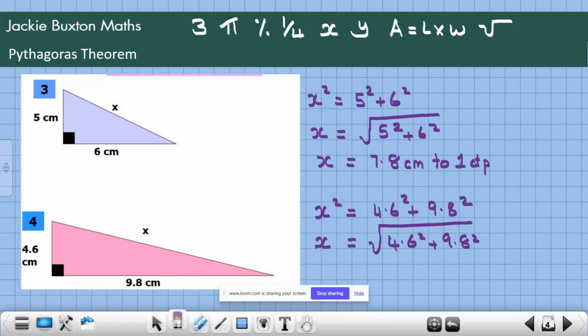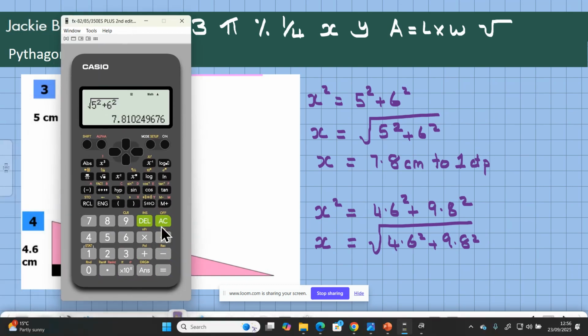Let's bring our calculator back. All clear. And then we're going to do square root of 4.6 squared plus 9.8 squared, and that equals, and this time it's giving us a decimal straight away.